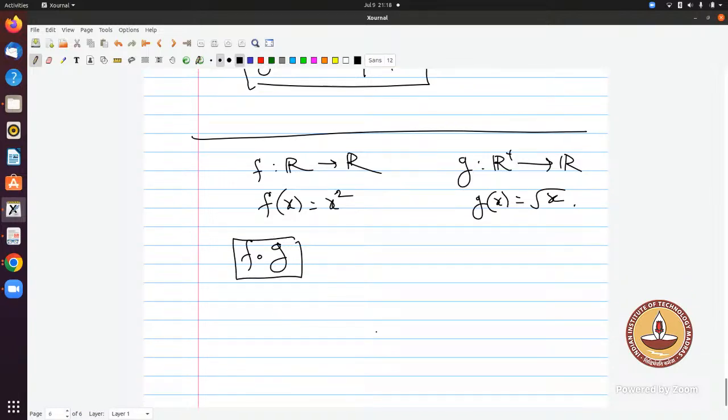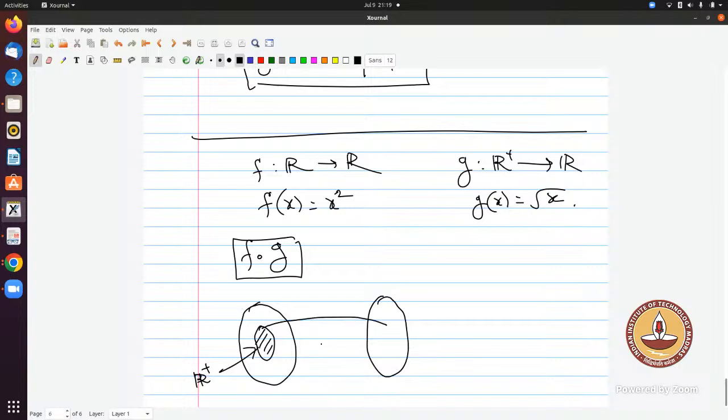So from where are we starting? We are starting from R plus. Whatever I am getting here after applying g is also in R plus.